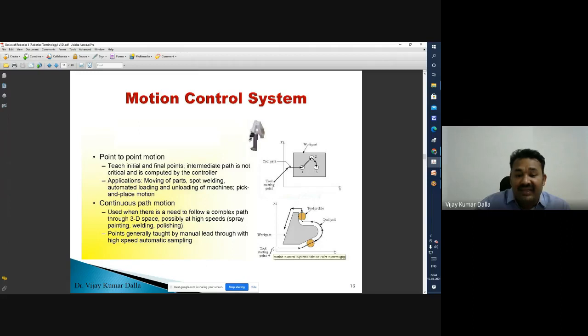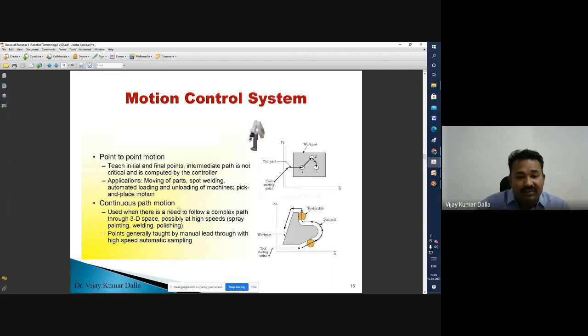But in the case of milling, a particular path is required, that can be visualized in the below figure. Okay, so point-to-point motion, once again: teach initial and the final points. Intermediate path is not critical and is computed by the controller. Applications: moving of parts, spot welding, automated loading and unloading of machines, pick and place motion.